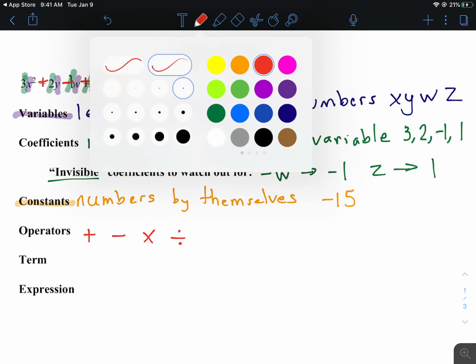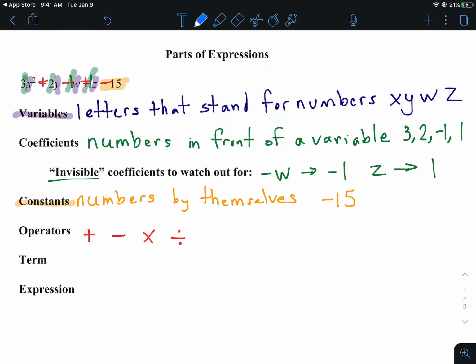Another color here for terms. So terms are variables, numbers, or the product of variables and numbers.